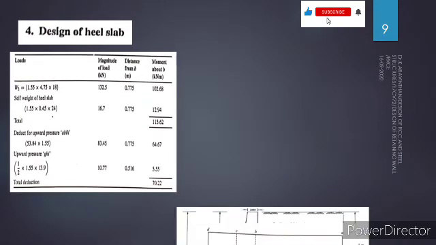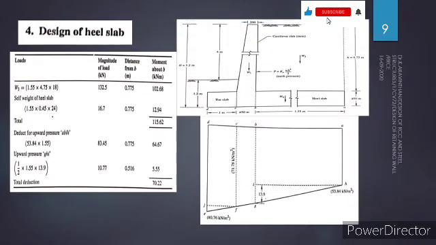Now let us start the heel slab design. While designing a slab, you should find the equilibrium force and find the net force. First, for designing the heel slab, what is the force which is acting downward? That is W2, the self weight of the heel slab.